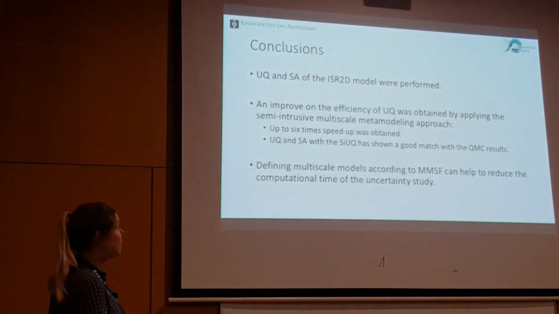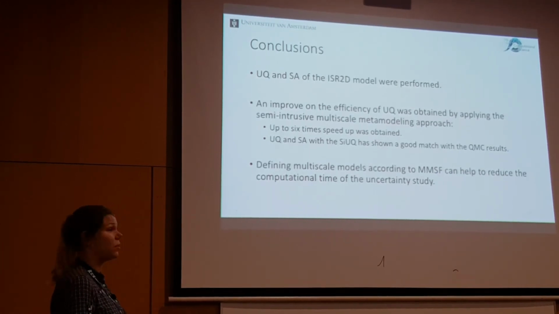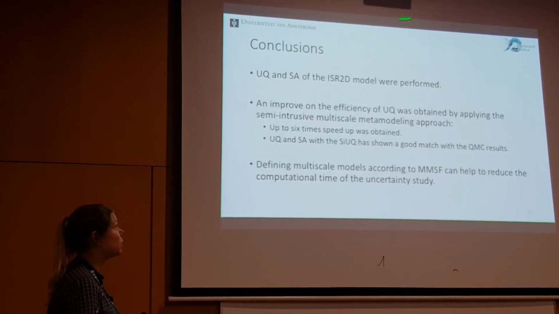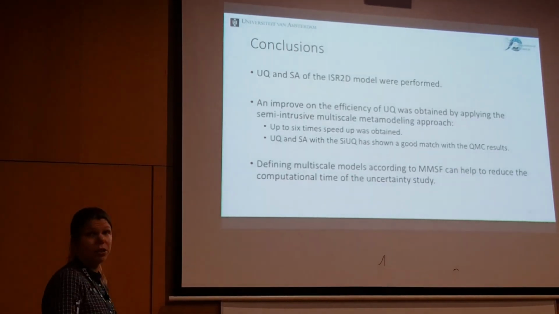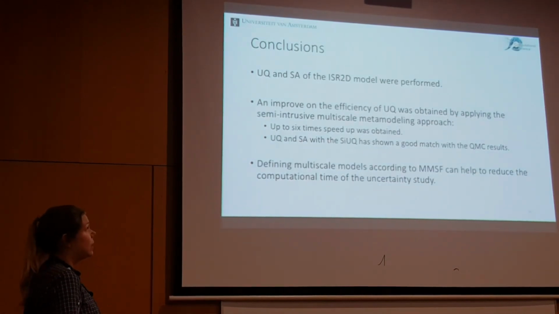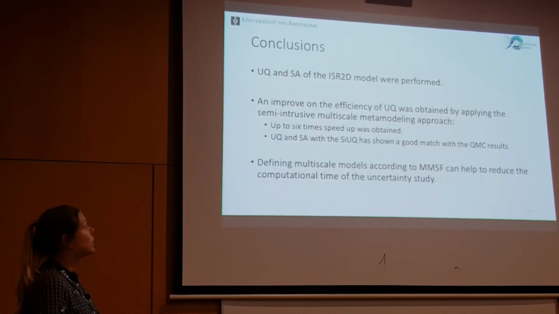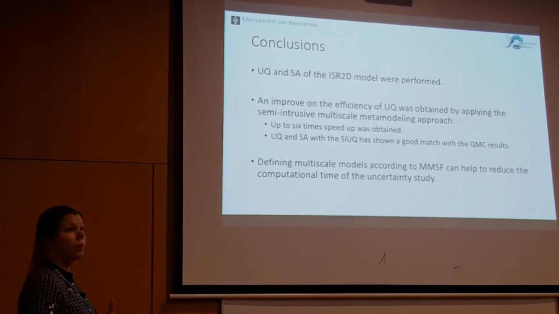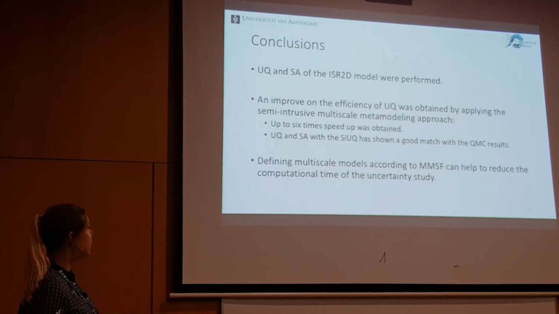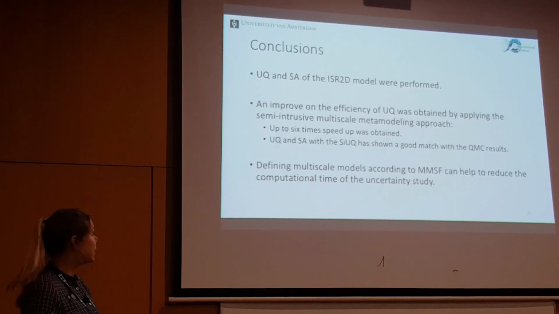So in this work, we estimated the uncertainty of the response of the In-Stent Restenosis model. It was very important for us to see that it corresponds to the literature results of the physical measurements. We also show that the semi-intrusive approaches for uncertainty quantification give us a good approximation of both uncertainty and sensitivity measures, and also a very good reduction in computational time.